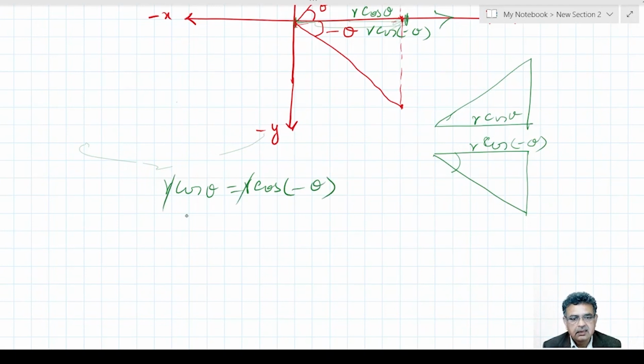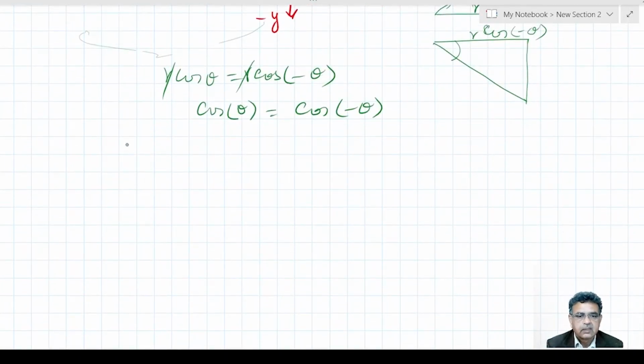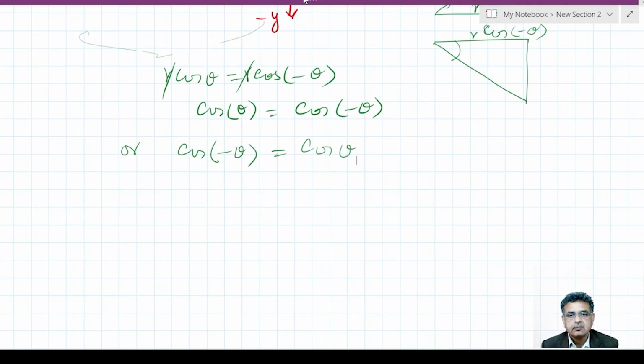R is cancelled, so cos theta is equal to cos minus theta. Or we can say that cos minus theta is equal to cos theta. Value of cos minus theta and cos theta, they are same.